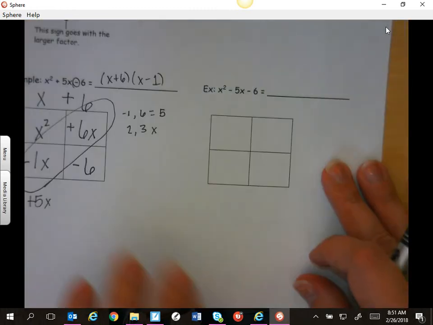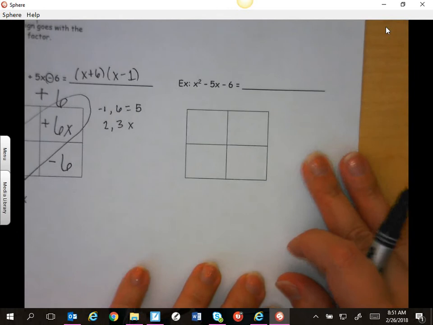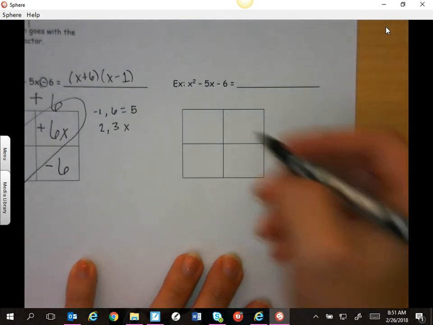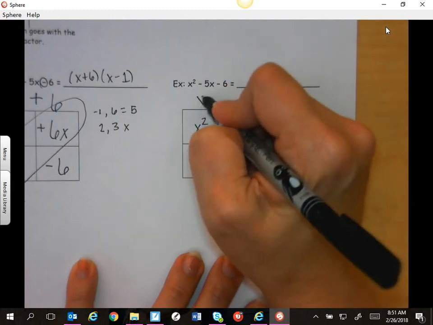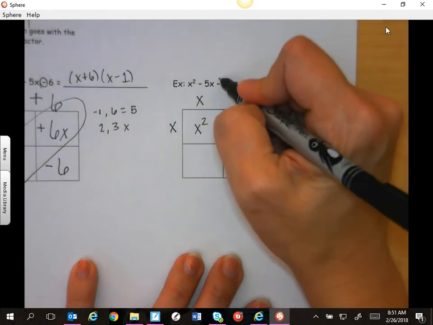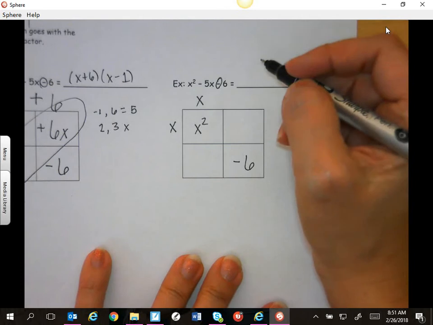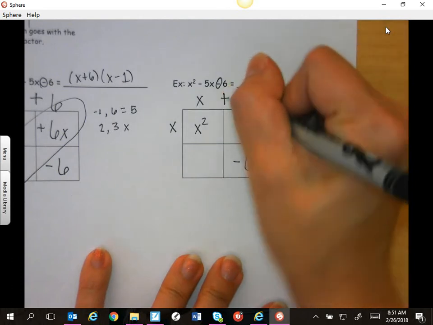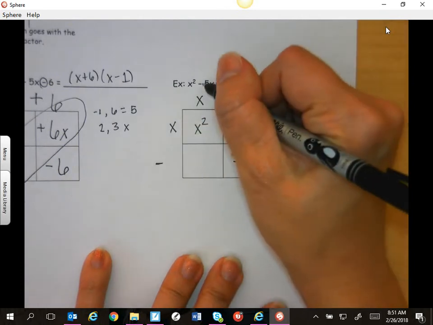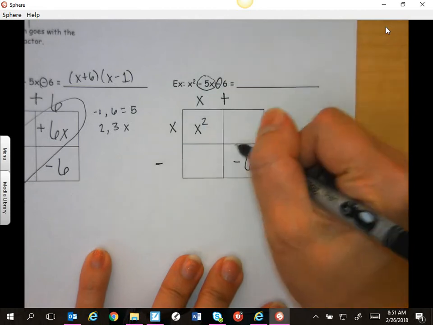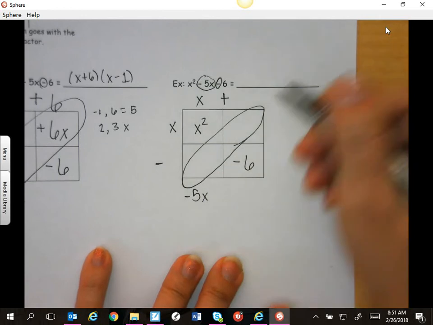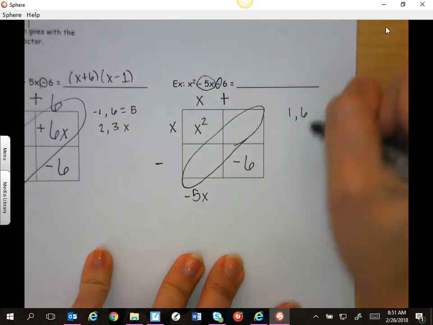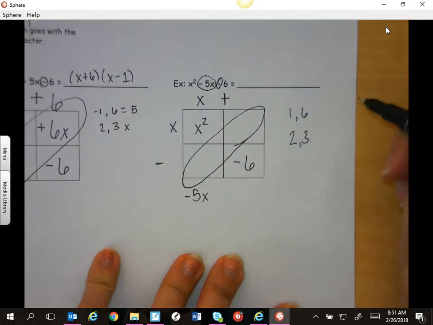Our last example has our b term negative and our c term negative. X squared minus 6. So again, this negative tells us our signs are different. So I'm going to have a positive and I'm going to have a negative. And this tells us that when we collect like terms, it needs to be a negative 5x. So what makes 6? 1 and 6 and 2 and 3.